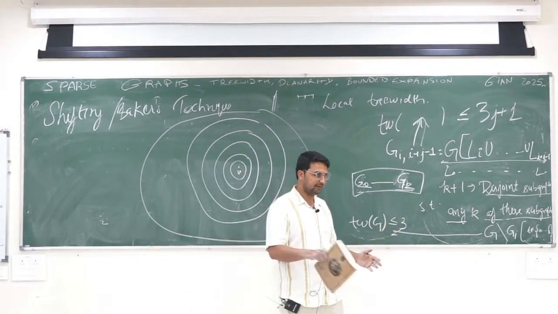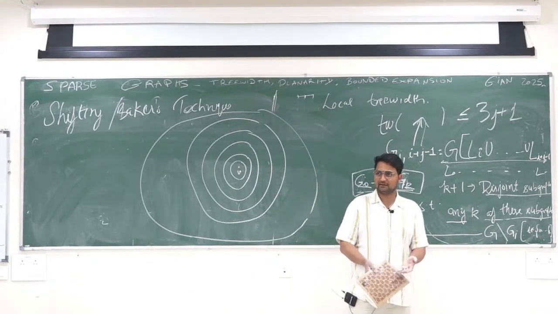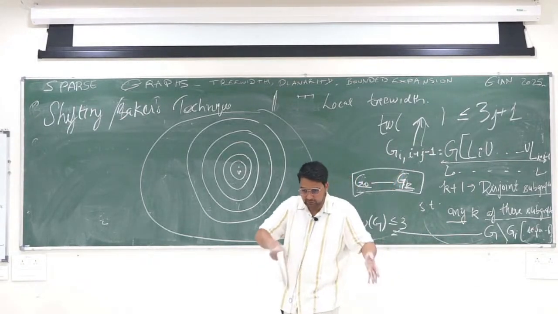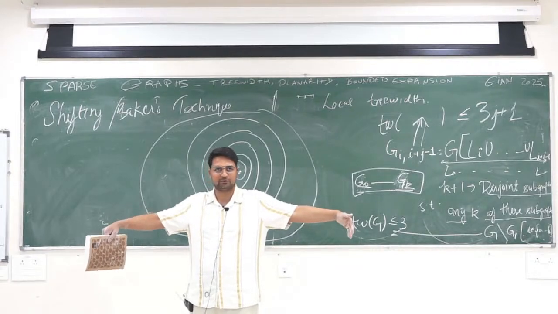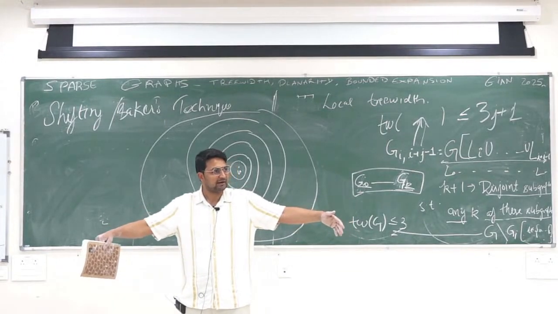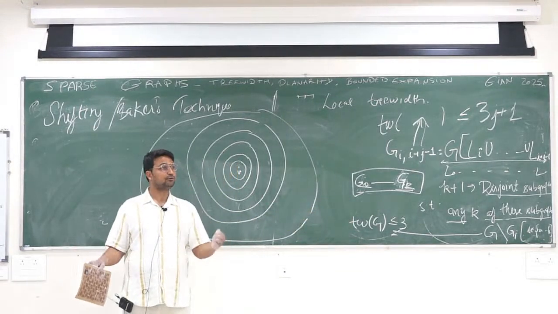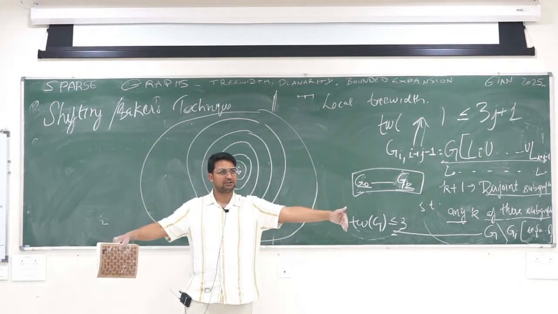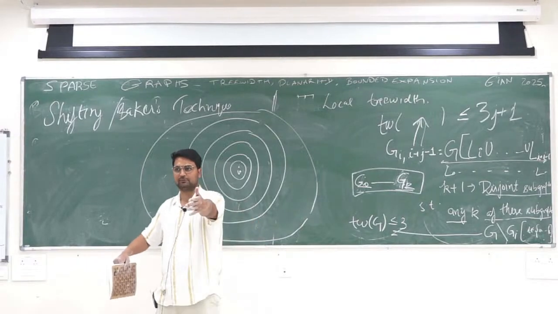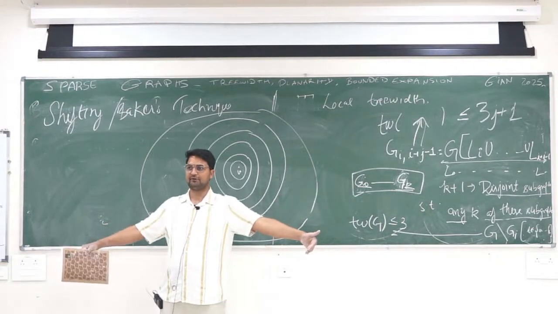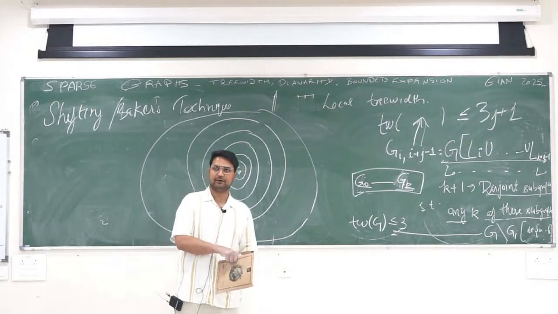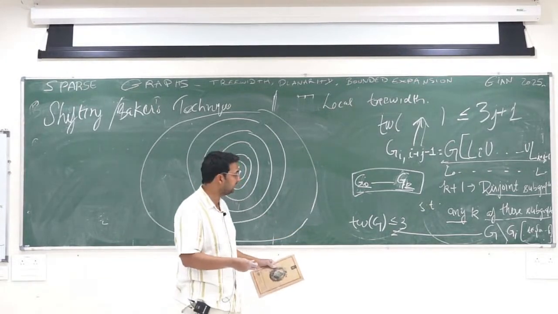And this is a very strong result: planar graphs have unbounded treewidth, but I can partition any planar graph into k plus 1 components, and if I take any k of these components, I only have to leave one of them, and that too of your choice. I partition it, you say that I want to take out this particular component, and now the treewidth of my graph is bounded. This is what we will be trying to prove today. This is called Baker's technique.